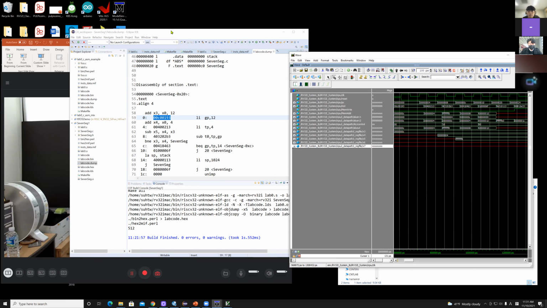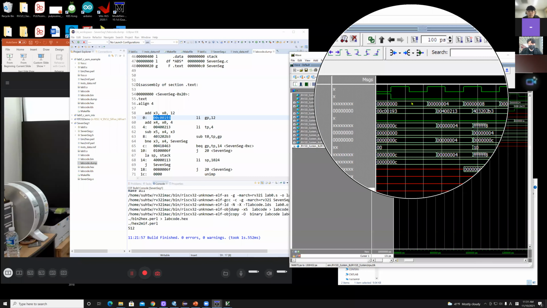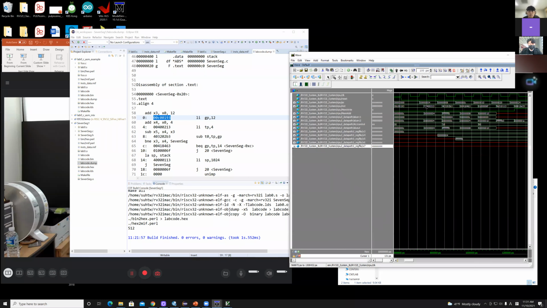Look at this. Location 0, right? The one right below, 00C00193, right? First instruction.